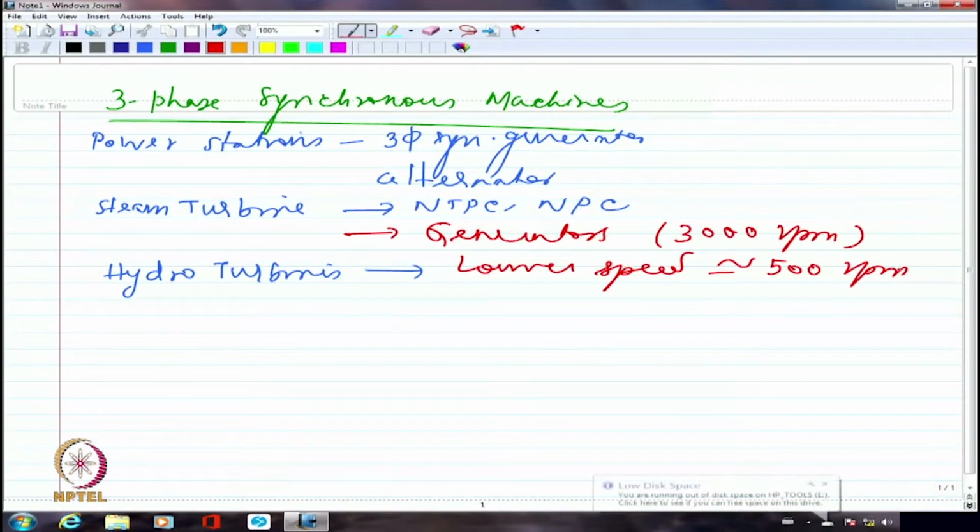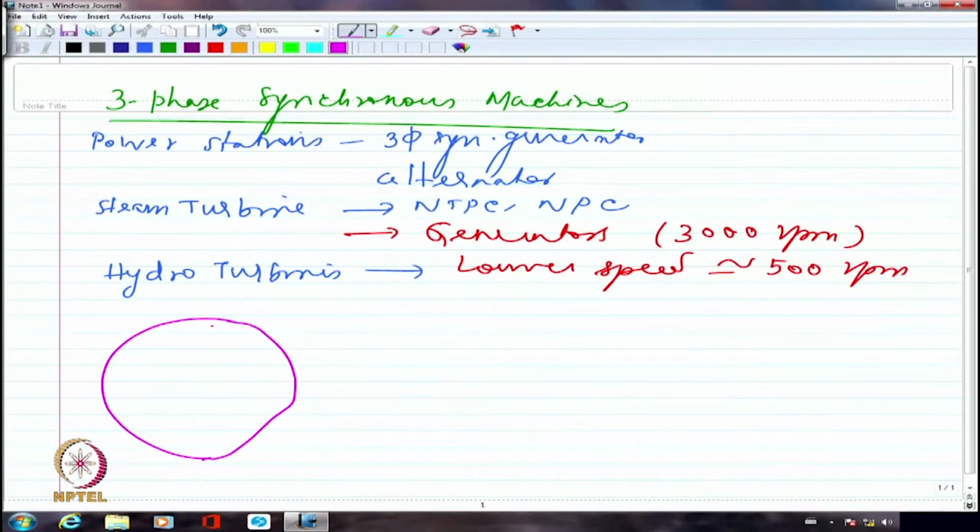The basic principle of operation: let me first of all look at the generator because that is the primary application. Again, I will have a stator and a rotor. So this is the stator. In the stator, I am probably going to have three-phase windings. Let me call this A and A dash.